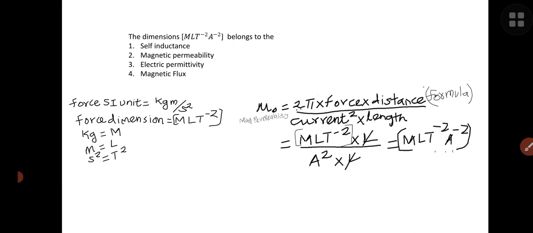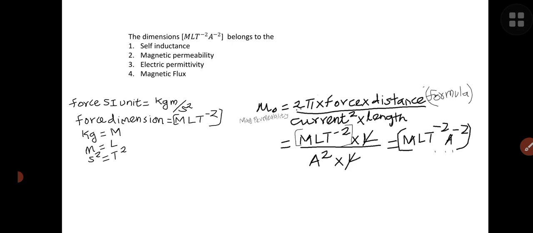Now writing the equation for magnetic permeability, we get 2 pi times force times distance divided by current square times length. So this is the formula for magnetic permeability.